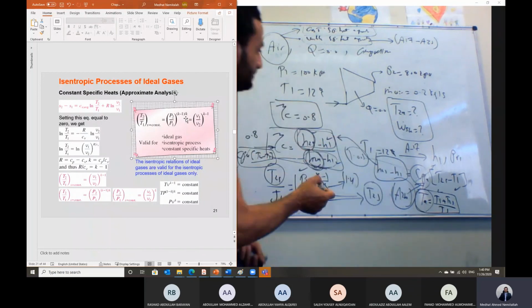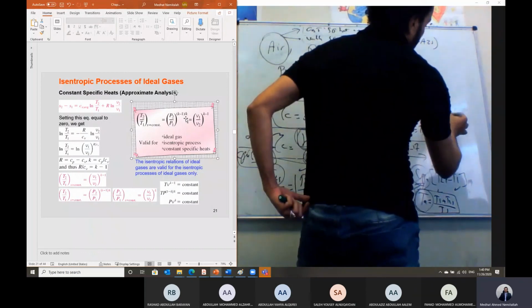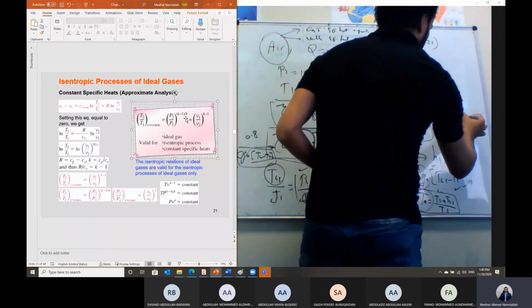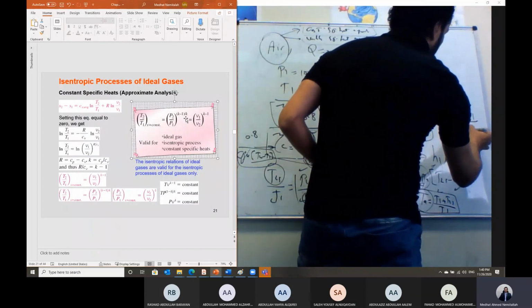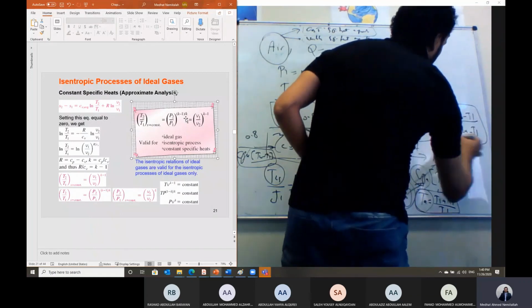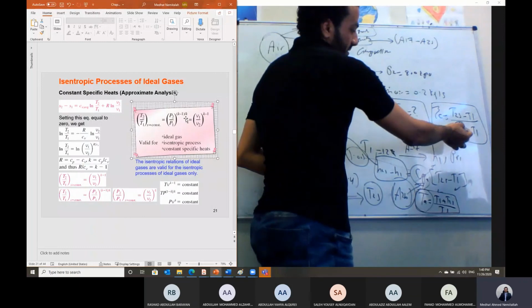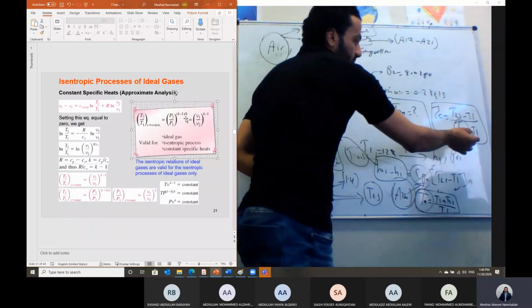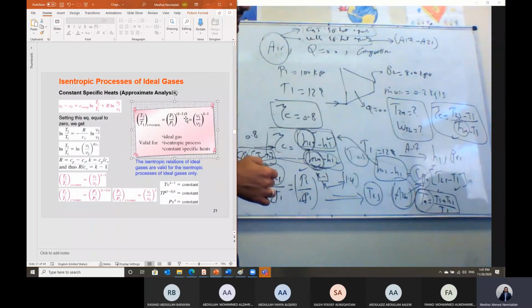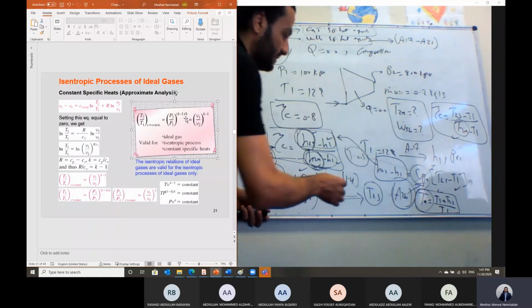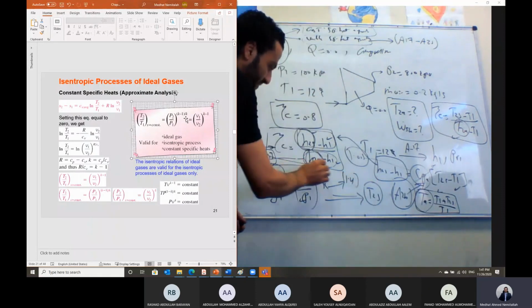So the isentropic efficiency of the compressor will equal T2S minus T1 divided by T2 actual minus T1. Then we can get the value of T2 actual. And T2S is calculated based on the isentropic relation.